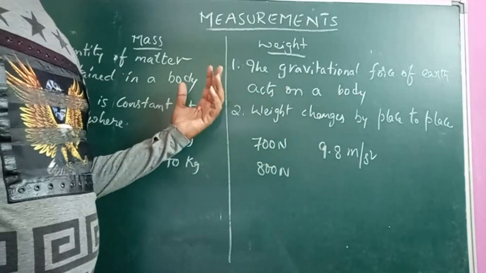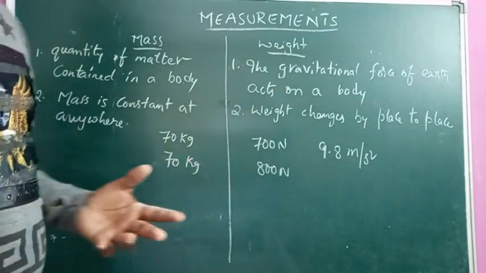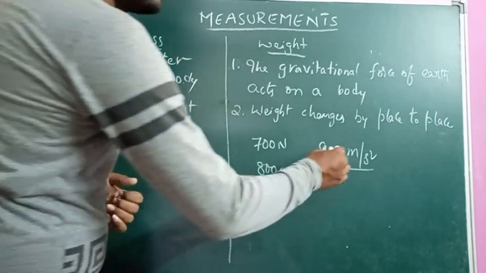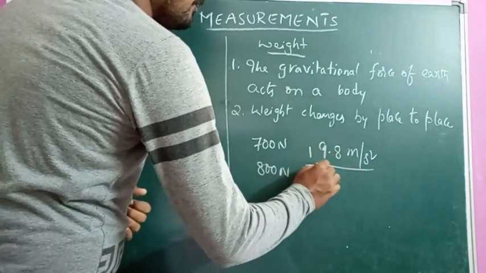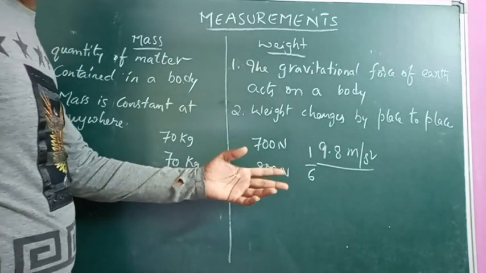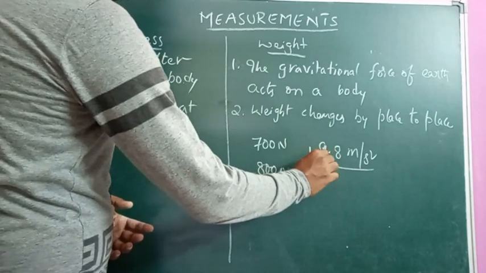If the mass is taken to the moon, as we know, the acceleration due to gravity of the moon is 1/6 times the gravitational force of our Earth, that means 1/6 into 9.8.